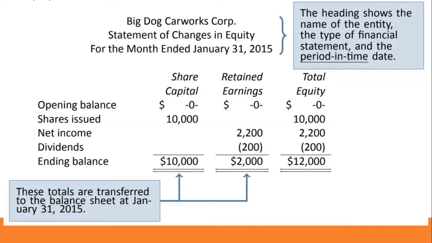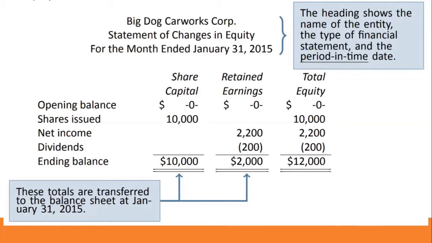Now, to demonstrate how retained earnings would appear in the next accounting period, let's assume that Big Dog reported a net income of $5,000 for February 2015, and dividends of $1,000 were given to shareholders.